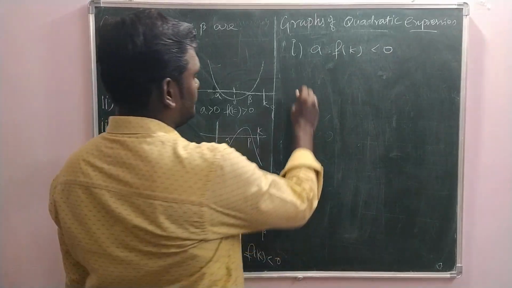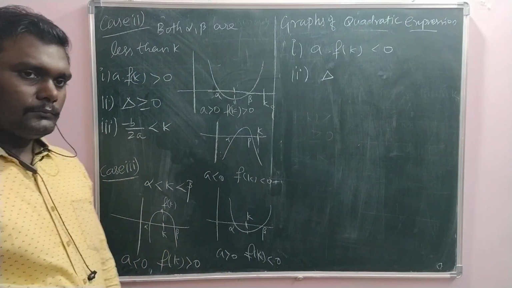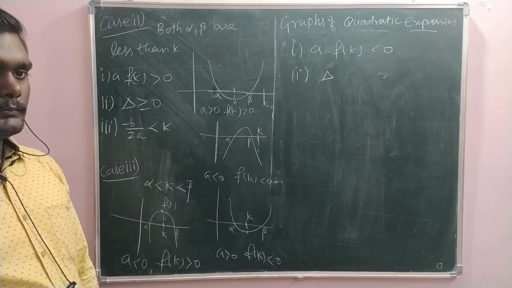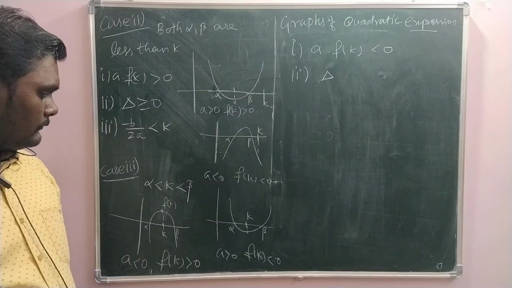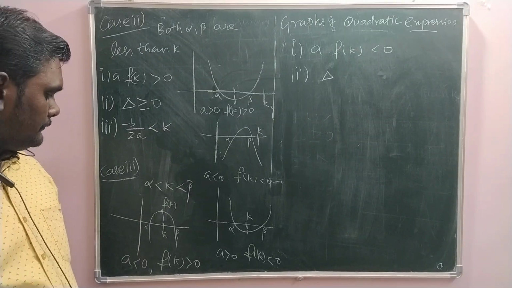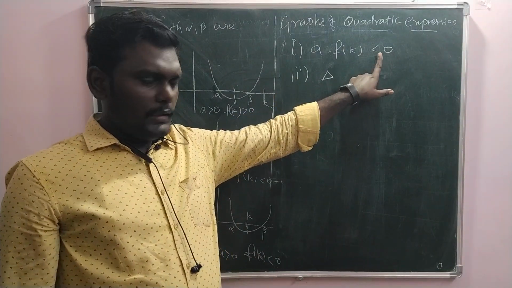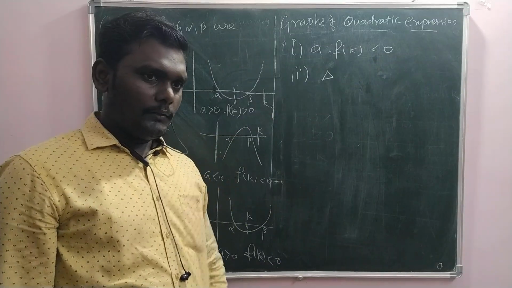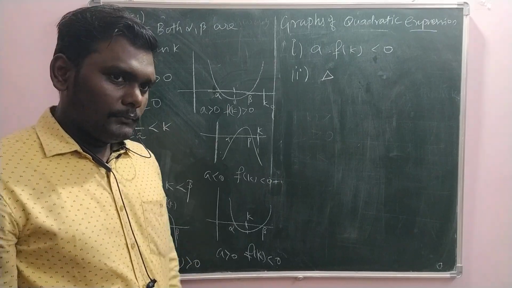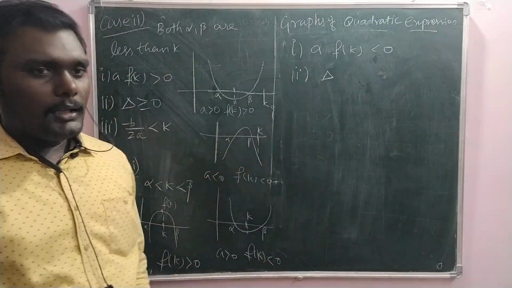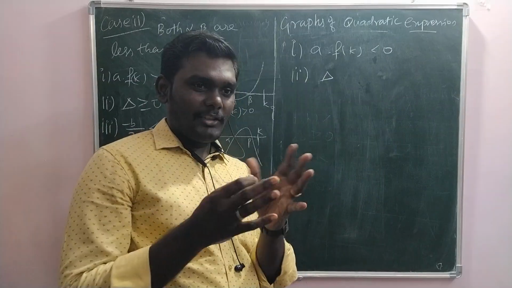And what can we say about delta? In the previous cases, there was ambiguity about whether alpha and beta meet together or not.